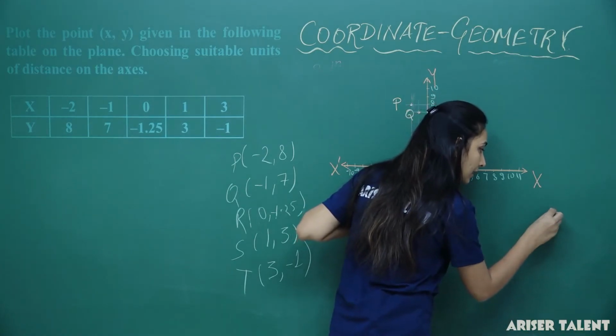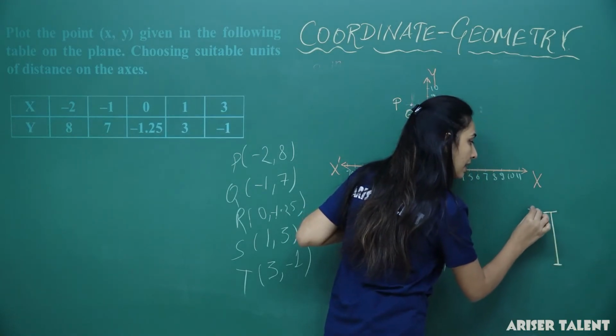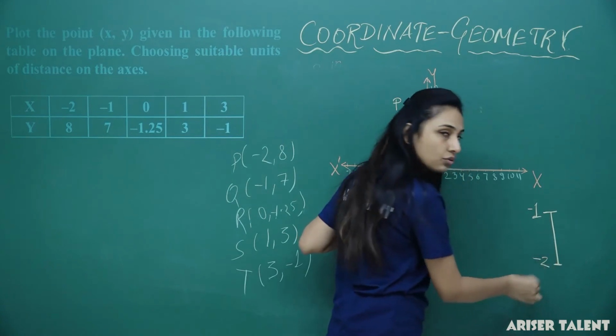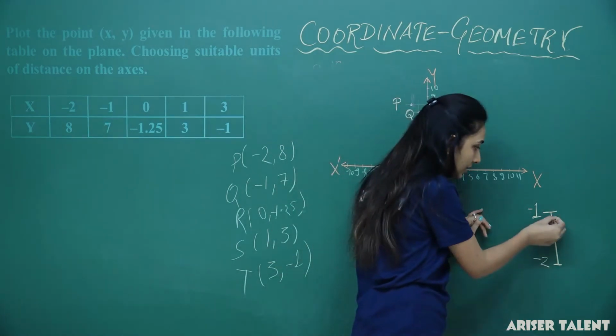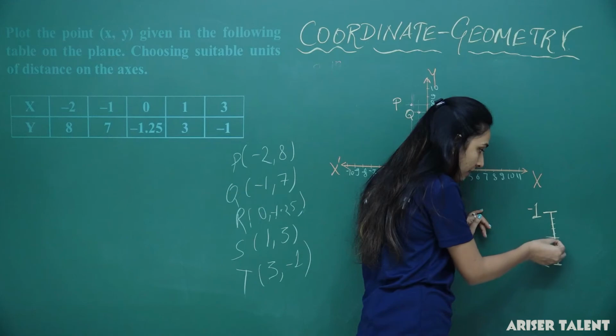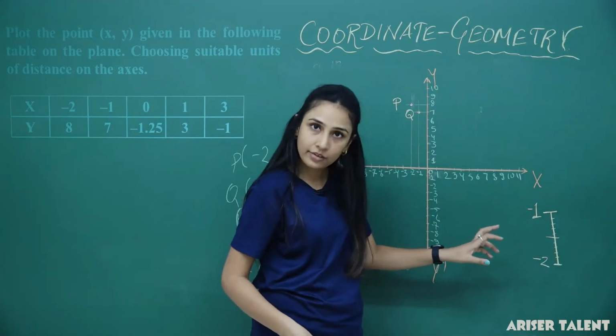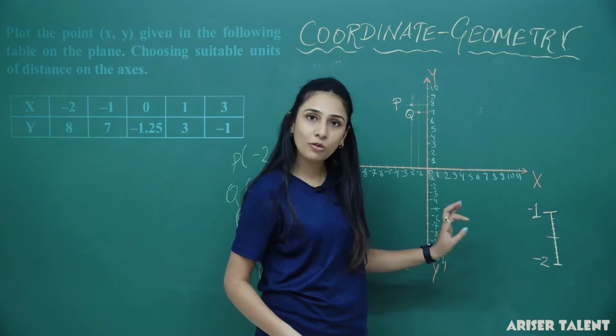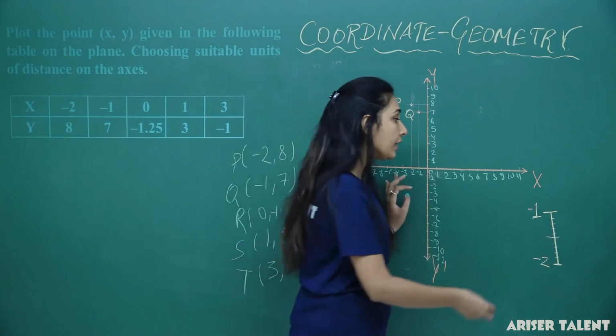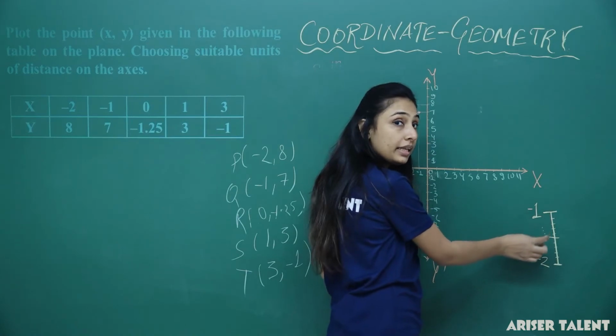We are having this margin. This is -1 and this is -2. We are having some lines here, 1, 2, 3, 4 and 5, 6, 7, 8, 9 and this 10. You can measure it by your scale also. 1 centimeter was provided as 1 block.